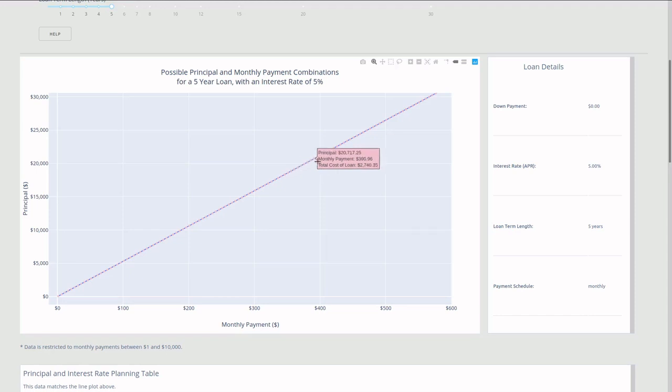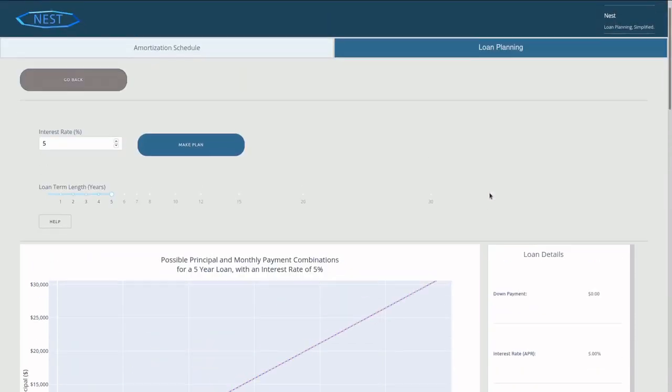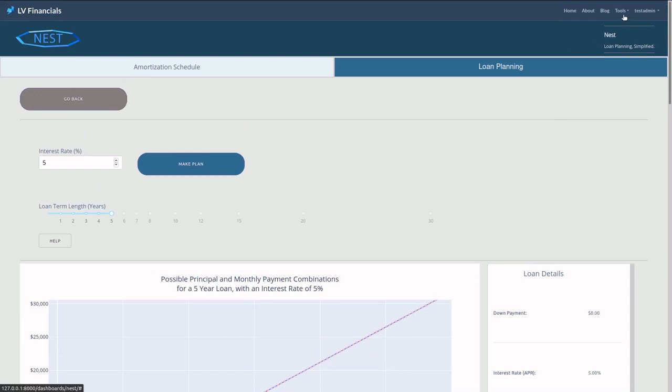If you can afford the initial loan of $22,000, if we go back to that point, you can see that that initial loan would have a monthly payment of roughly $416 a month. So if you can budget $416 per month, what is the opportunity cost of that down payment and reducing this monthly payment? Well, you can figure that out by going up to the savings planning tool.